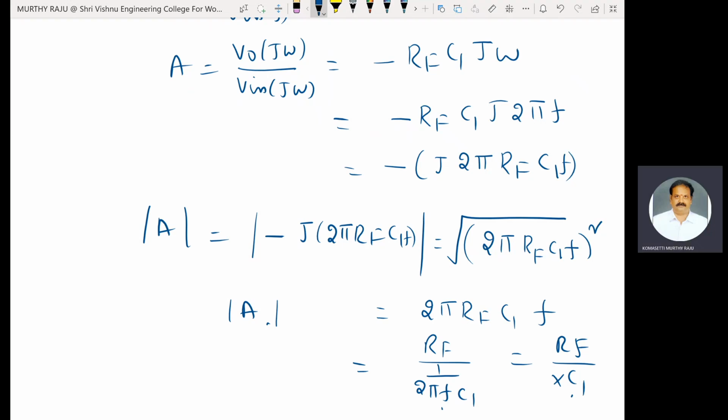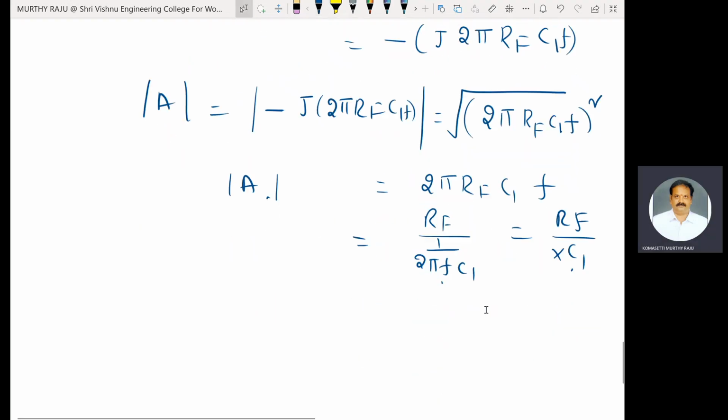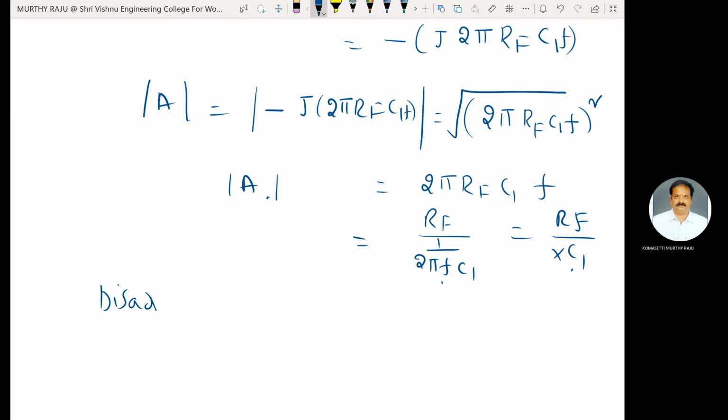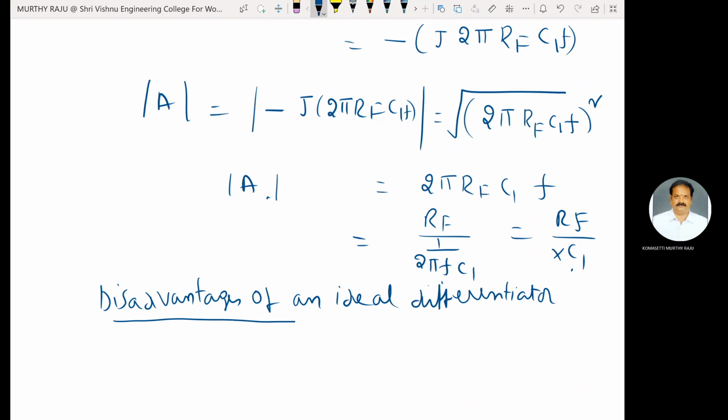The disadvantages of an ideal differentiator. The gain of the differentiator increases as frequency increases.